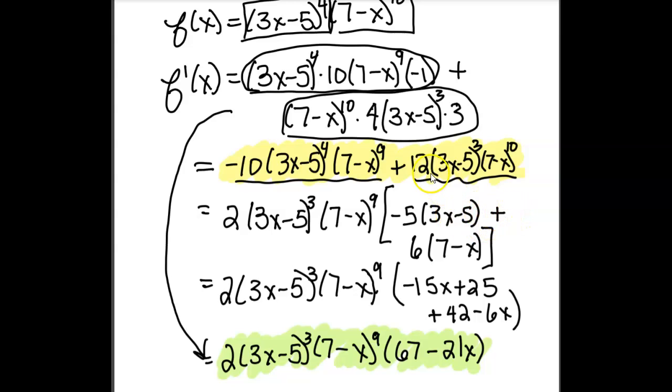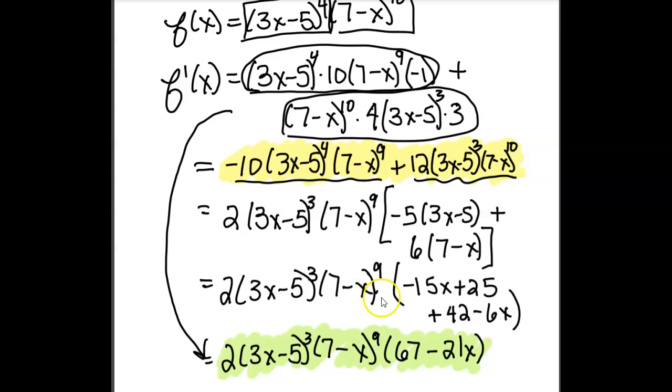And the plus sign: the 2 got factored out, so from the 12, what's left over is the 6. You factored out a 3x minus 5 to the 3rd, so none of that is left over. And then 7 minus x to the 10th, 9 of those got factored out, so there's 1 copy of the 7 minus x left over here. So that's where this comes from.